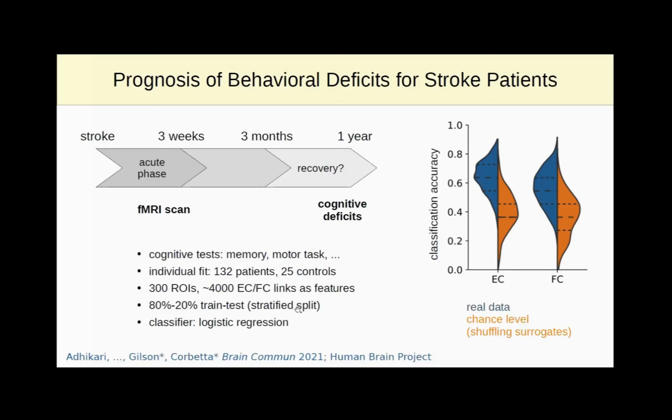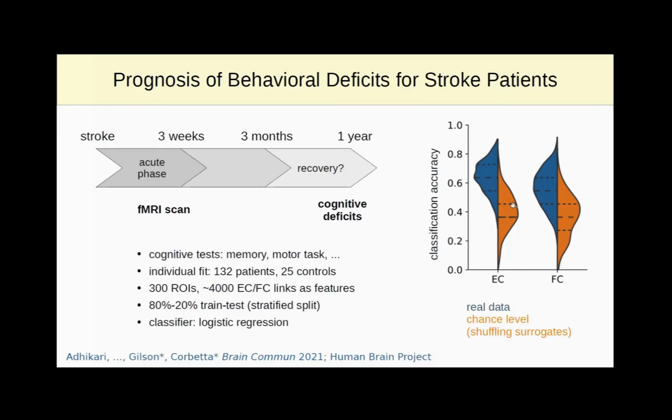And so this is the result that we had. In blue, you've got the prediction for the real data over 50 train test split repetitions. These are the distributions of classification accuracy when you use the effective connectivity, and here the classification you get when you use the functional connectivity. In orange, we have the surrogate chance level that we obtain by permuting the labels.